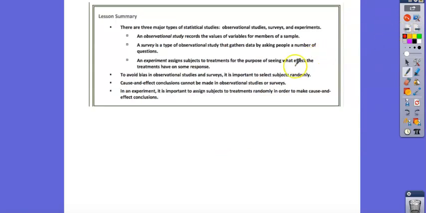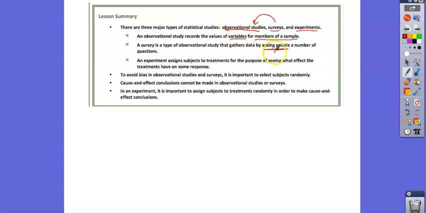So there are 3 major types of statistical studies: the observational study, a survey, which is really a type of observational study, and experiments. An observational study records the values of variables for members of a sample. A survey is where you gather data by asking people, so you're not just going to record the data.